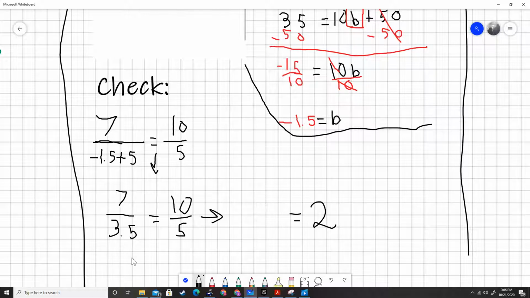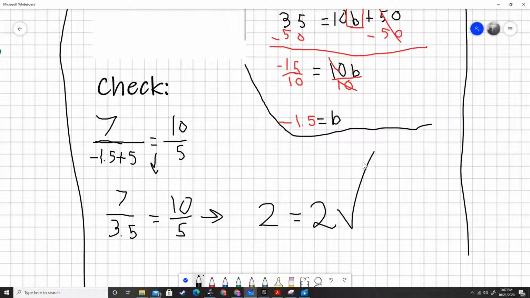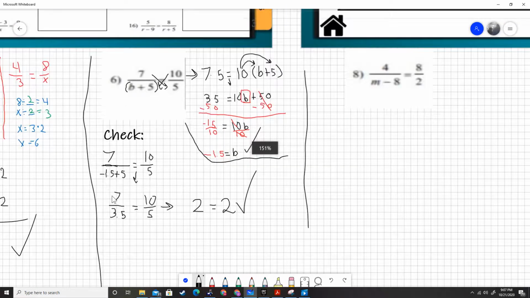Let's double check 7 divided by 3.5, which also gives me 2. So since both of these are equal at the end, that means that our solution here does work. So they're good. Alright, so right now we have number 6 all done, and we checked that out.